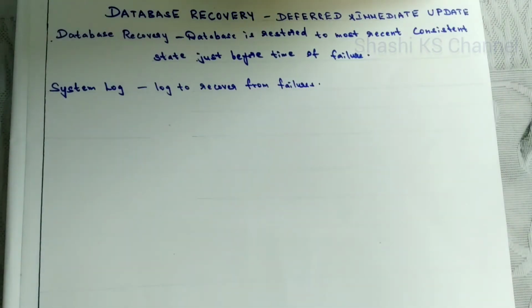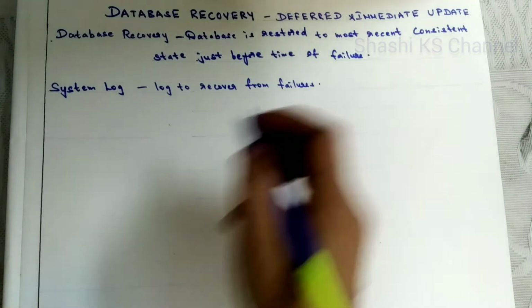This log will keep track of all the transaction operations which affect the values of database items and any other transaction information which is needed for recovery from failures. All such information will be stored in the log.